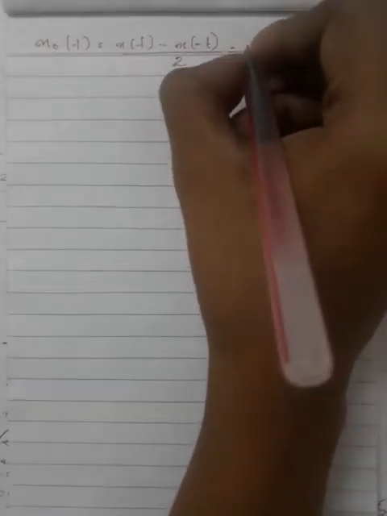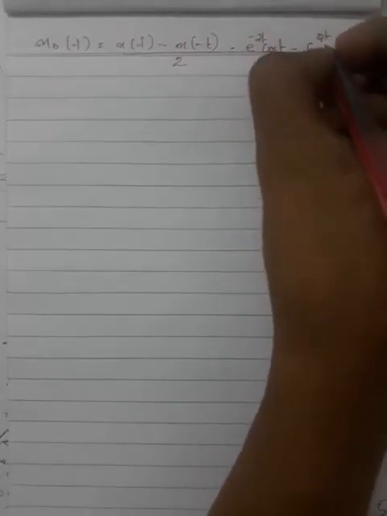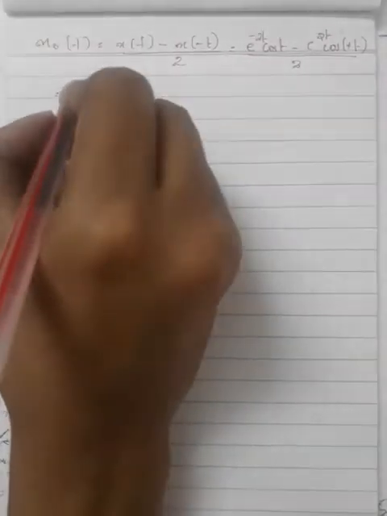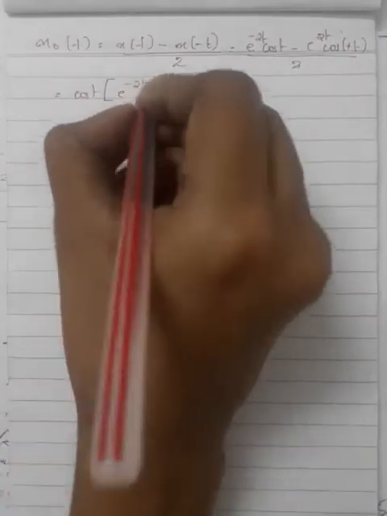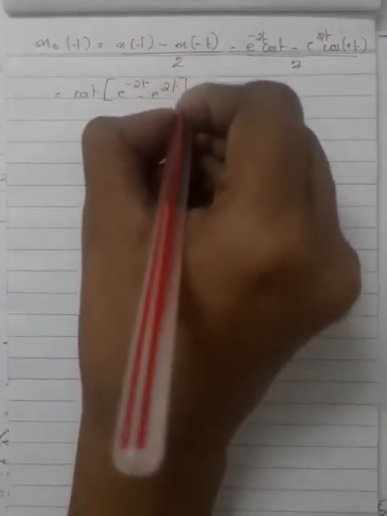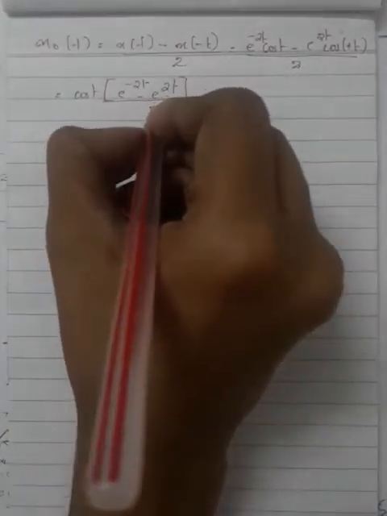Then it is equal to e raised to minus 2t cos t minus e raised to 2t cos minus t by 2. Cos of minus t equals cos t itself. So we can take cos t into e raised to minus 2t minus e raised to 2t by 2.